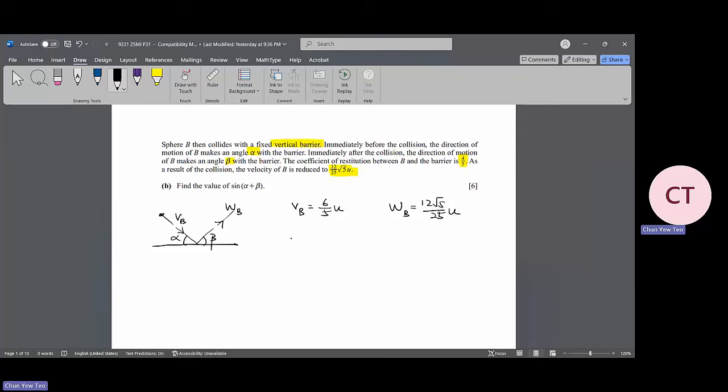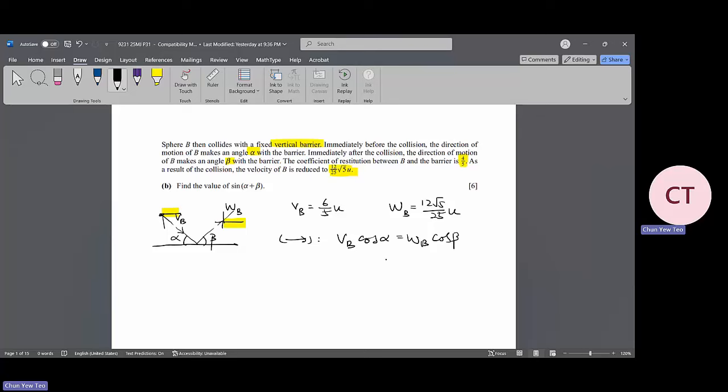So what we need to do now is resolve the velocity, parallel to the barrier. Parallel to the barrier means no collision is involved, that means your VB cos alpha is equal to WB cos beta.